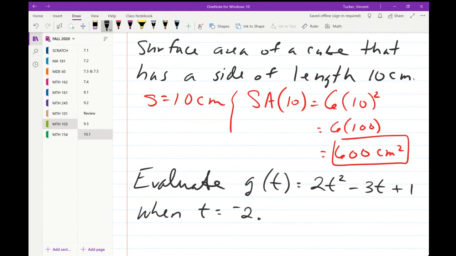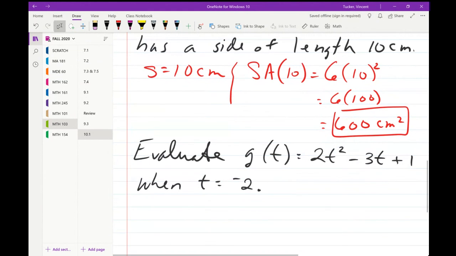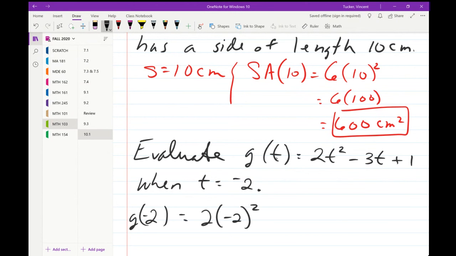All right, so last one, evaluate g of t equal to 2t squared minus 3t plus 1 when t is equal to negative 2. So all that means is that we will plug in negative 2 into the function and calculate.